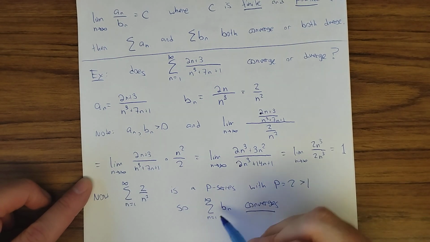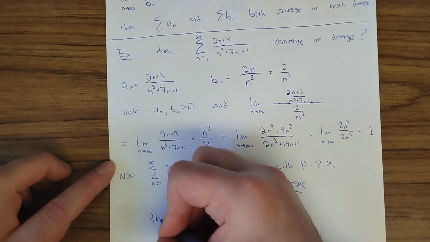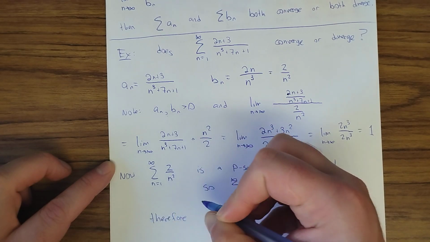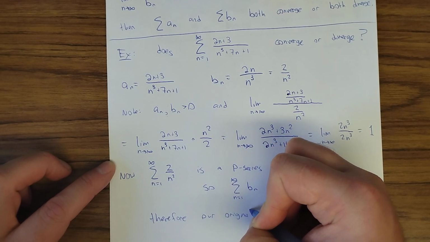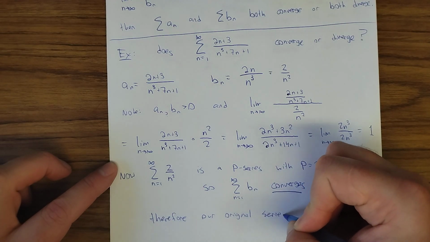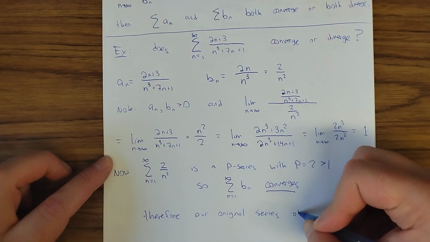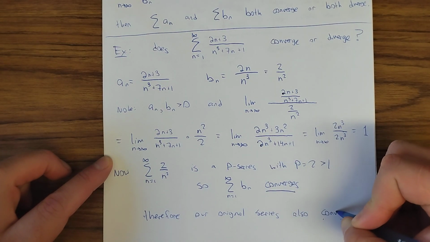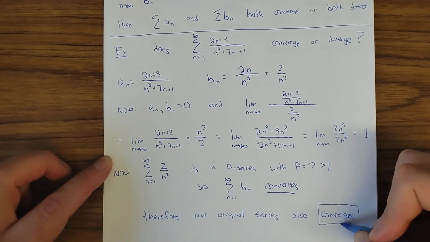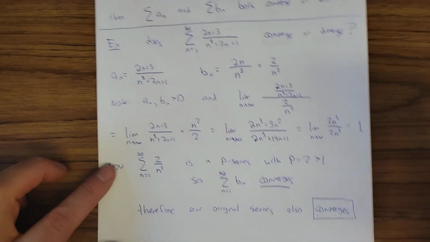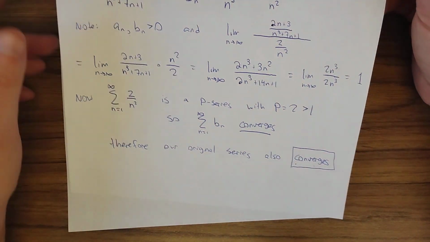So the series with b sub n in it converges, therefore our original series, this one, also converges. Okay, that's how we do it.